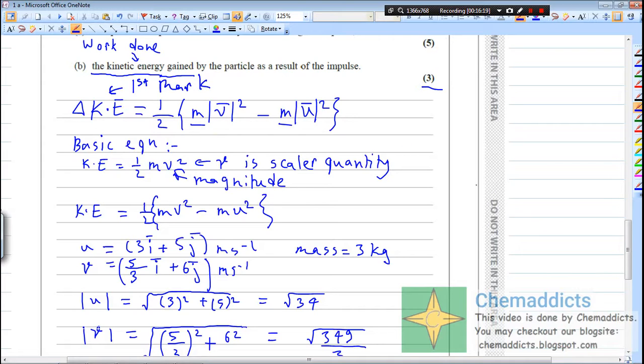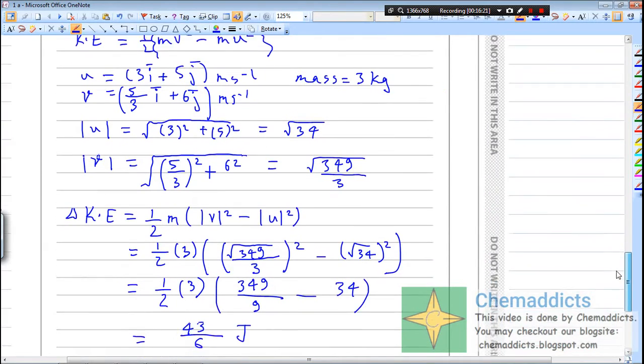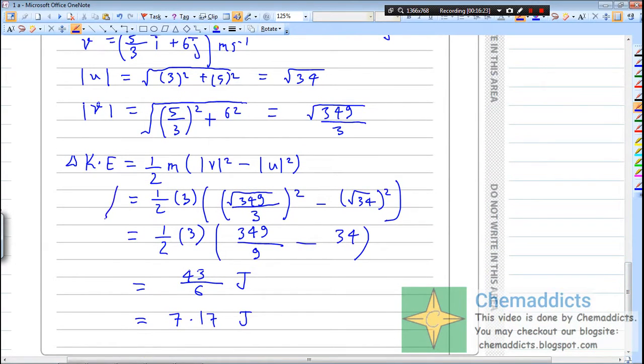The second mark goes for the method. Doing this in the correct method, we will gain the second mark. And the third mark is for the correct numerical value and unit.